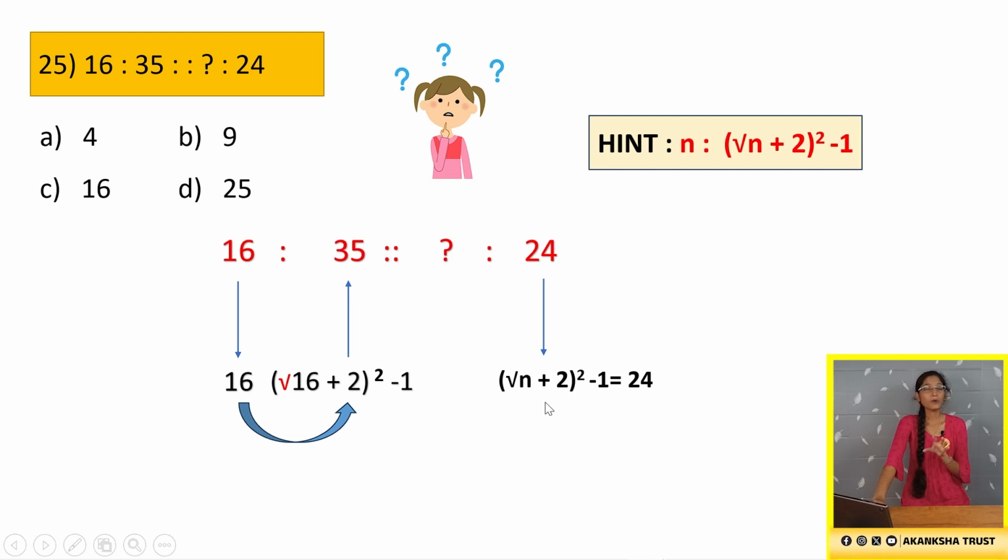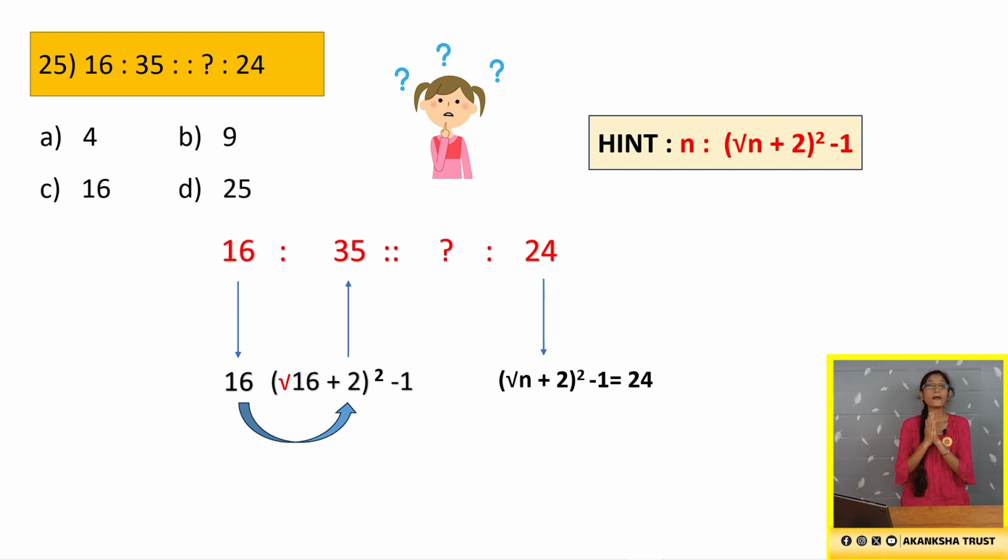But here the problem is you don't know n, the first number. So we are going in reverse order. See, 24. Taking the question mark, the first number, as n: square root of n plus 2, whole square, minus 1 gives 24 as our answer. So you know the answer and you have to find n by going in reverse order. So taking minus 1 to the right side of the equal sign becomes plus 1.